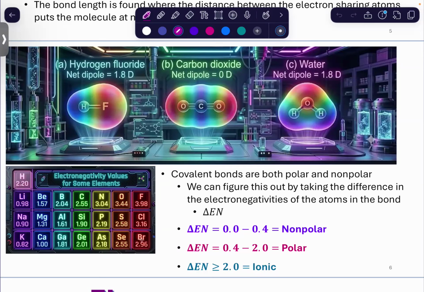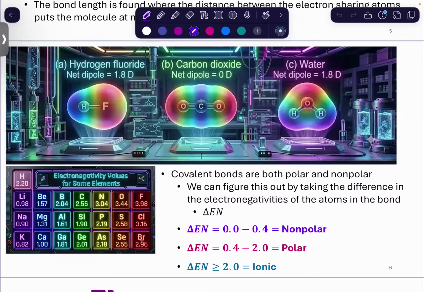We can start to figure this out by looking at the two atoms involved in a bond, and we have a range here. You see a small list of electronegativities. You can find periodic tables that give the electronegativities of every atom. When you take the difference, the delta electronegativity, you subtract the two and get an overall difference.